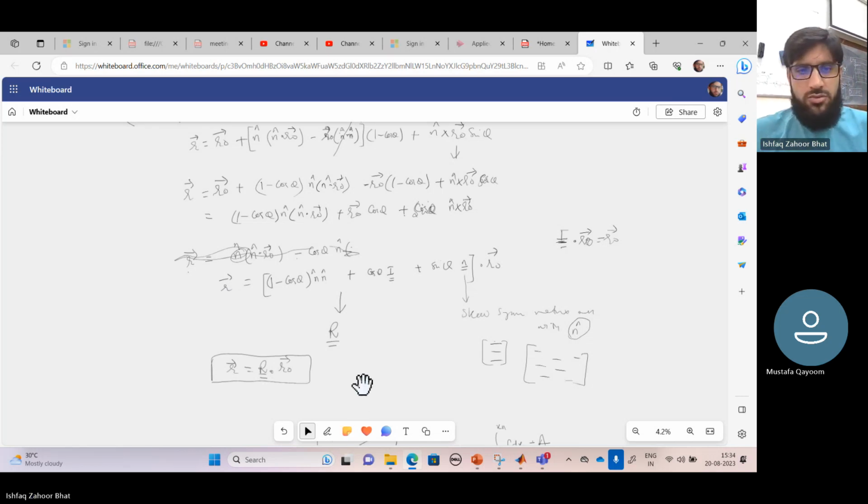So I told you that this n is a vector, and I am placing these side by side. This means that it is a dyad. And when we take the dot product of a dyad or a tensor with a vector, we will get a vector. So this whole thing is a mathematical object.